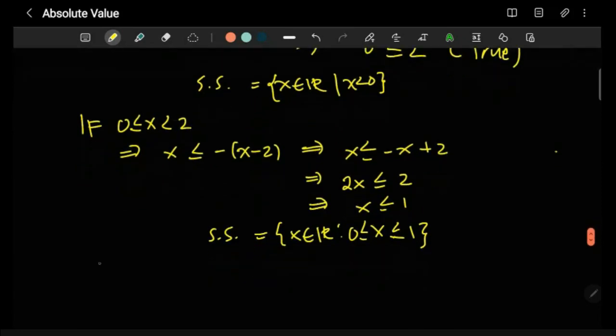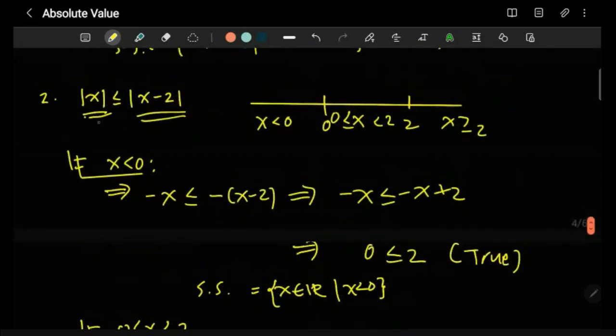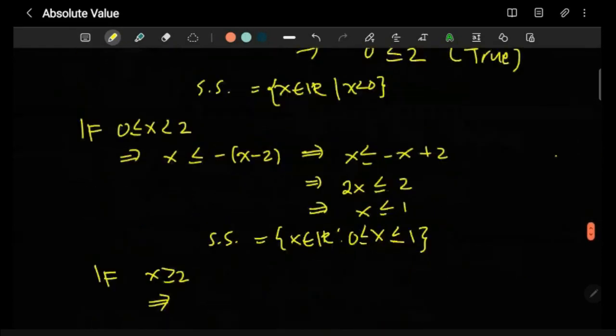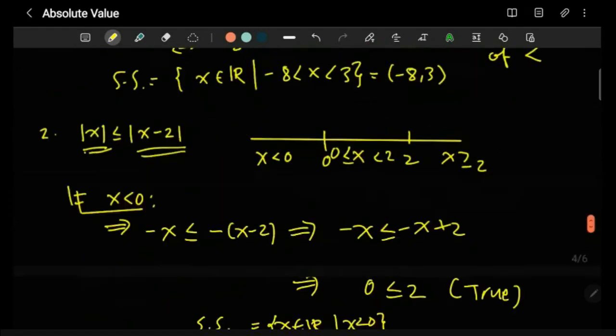Okay, last case, if x is greater than or equal to 2, what will happen? So, if x is greater than or equal to 2, absolute value of x is positive. So, I simply get x. Now, x minus 2, if x is greater than 2, is positive as well. For example, what is greater than 2? So, let's say 3. 3 minus 2 is 1, which is positive. So, anything inside is positive.